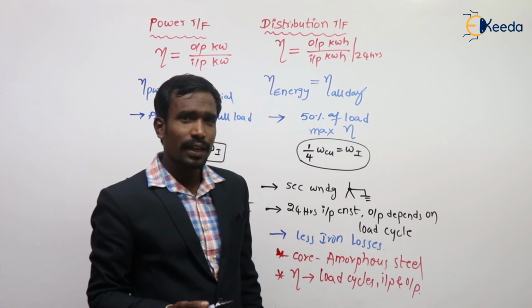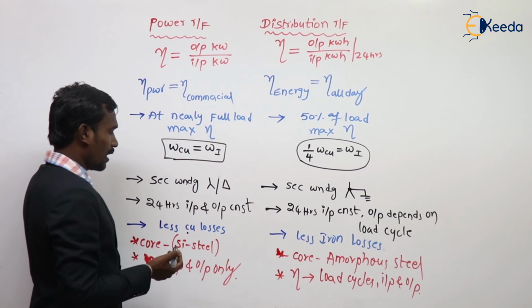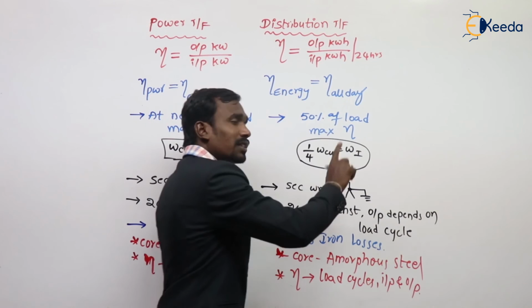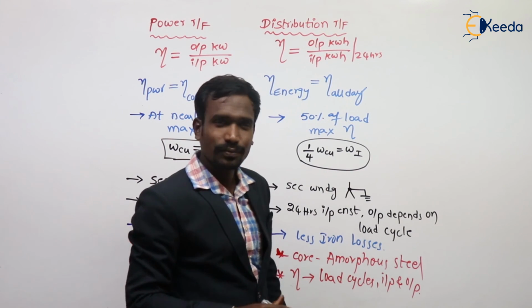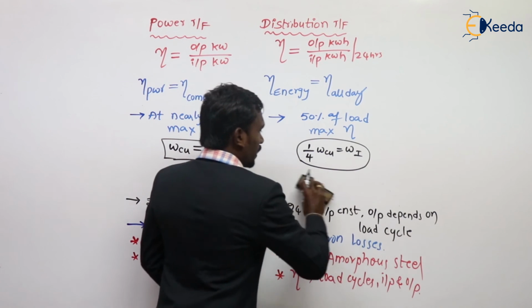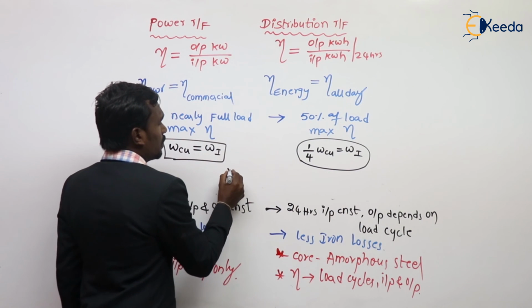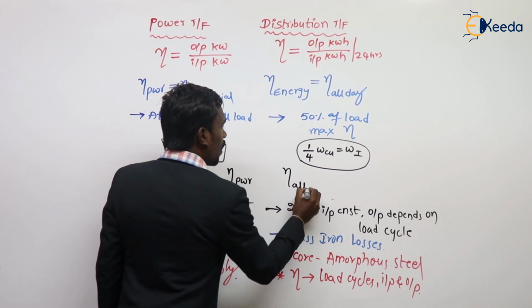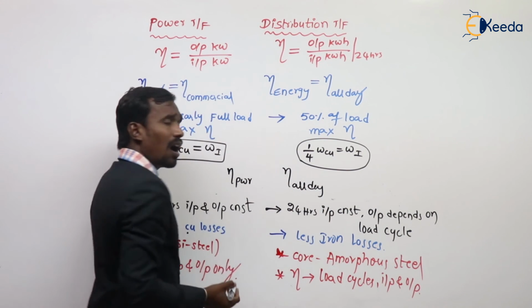Right? Are you okay? For the same rating, I already gave you: the power transformer is lesser in size, but the distribution transformer is more in size. And last one, the power transformer efficiency is called power efficiency and the distribution transformer efficiency is called all day efficiency.